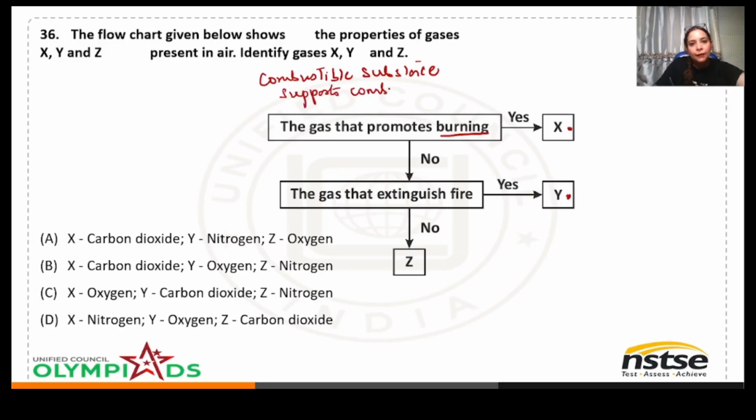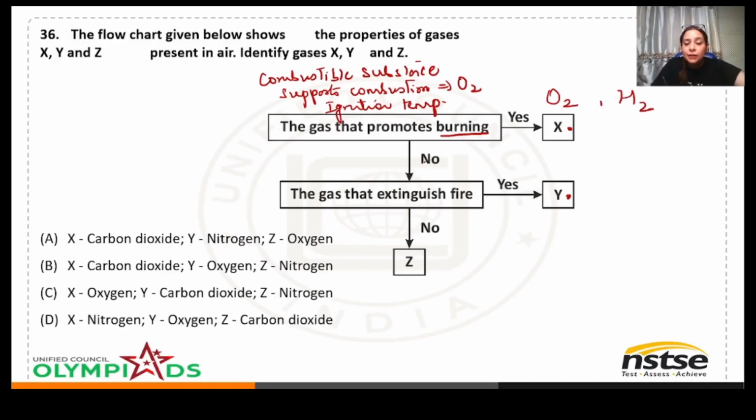And usually we make use of oxygen because oxygen is a supporter of combustion. And also we need to heat that substance so that its ignition temperature is reached. So the gas that promotes burning can be oxygen here because oxygen supports burning. Also hydrogen supports burning, but we'll see later which options are given.